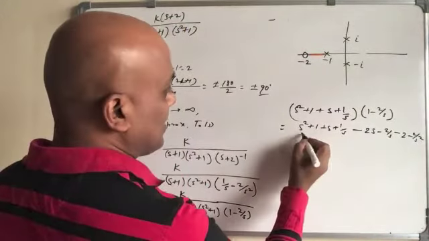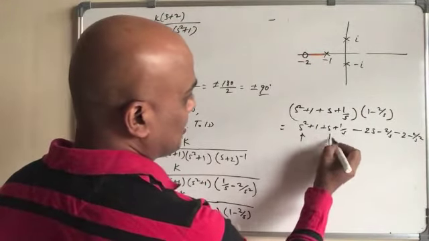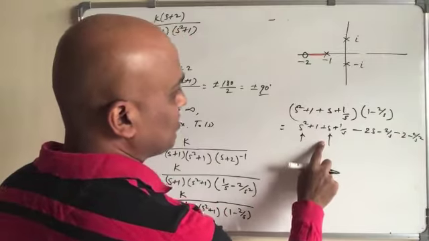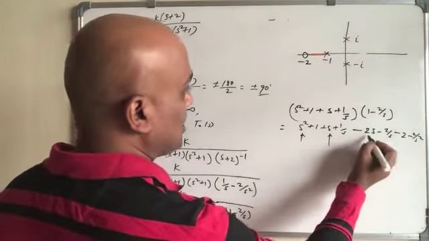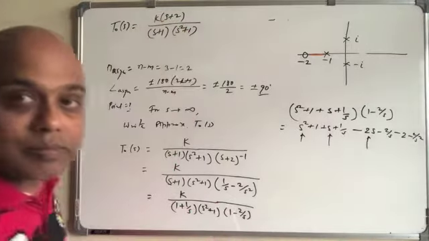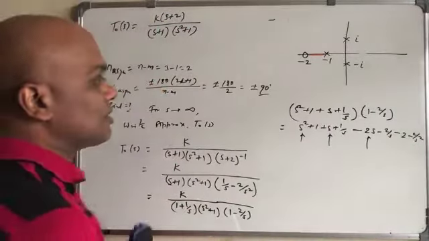What is important here is the s square term and the s term, right? So we have the s term here and here. Those are important.